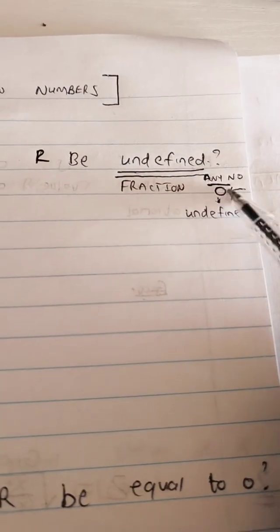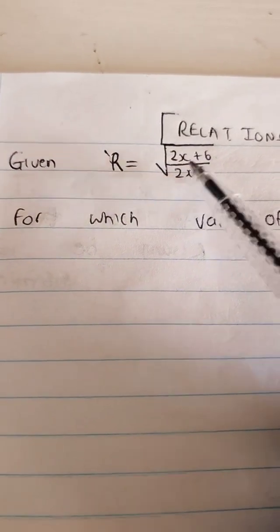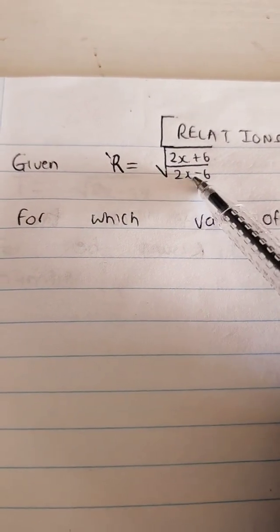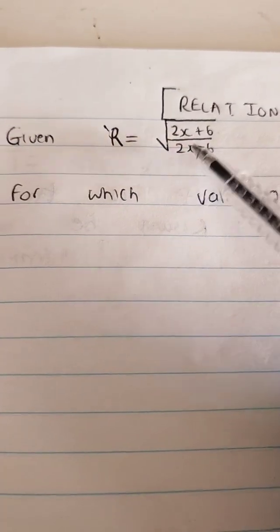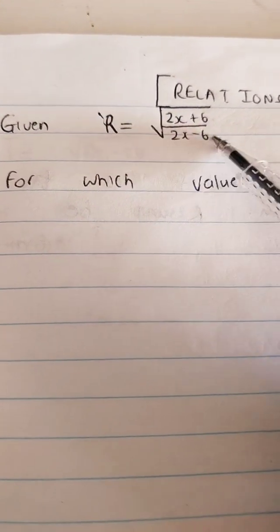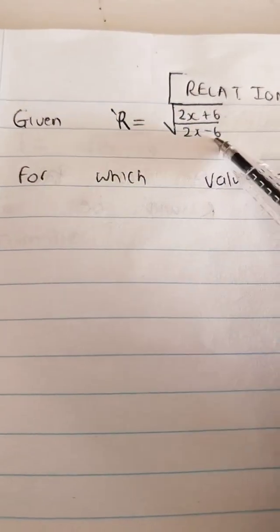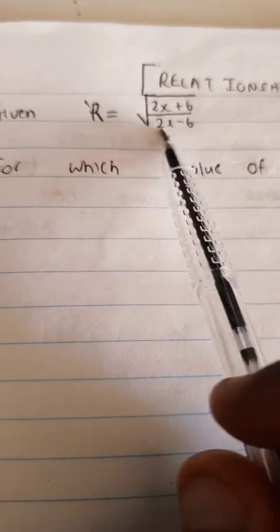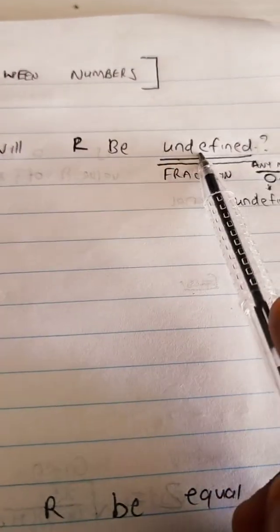Our attention will be in the denominator. Were this fraction to have 0 in the place of 2x minus 6, then this entire r will be undefined.